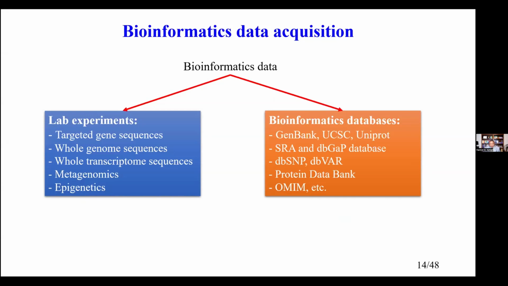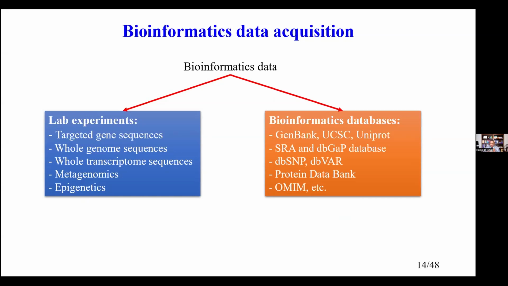We can get bioinformatics data from the laboratory, from lab experiments. We can design our own lab research, with an experimental design that depends on what exactly we are studying.